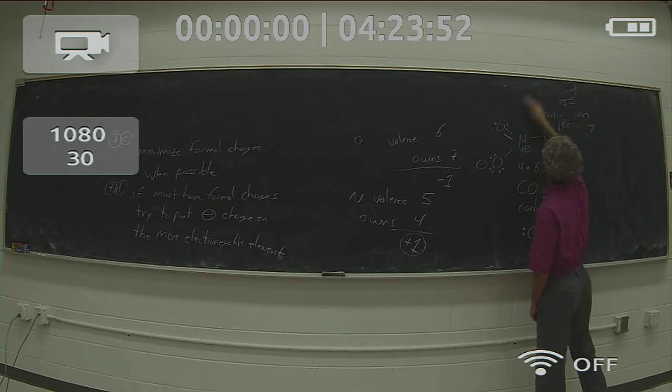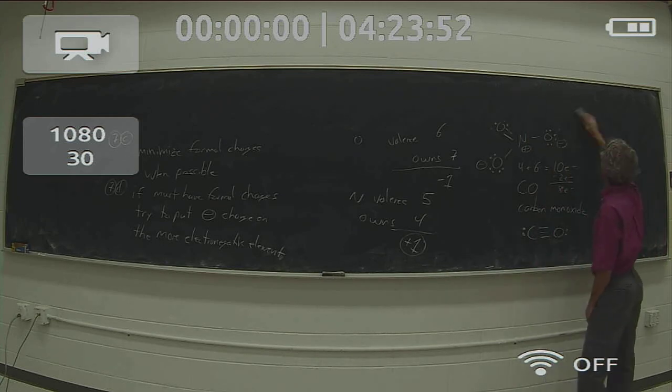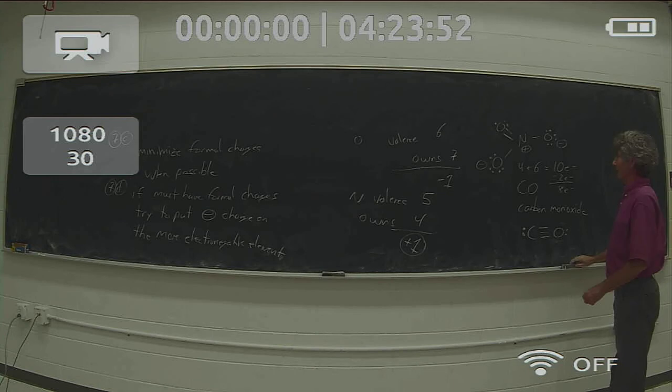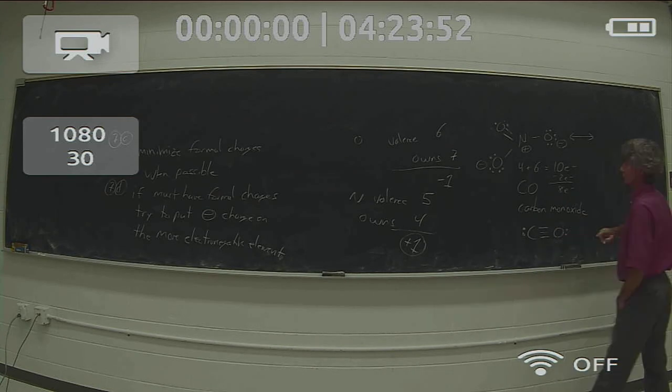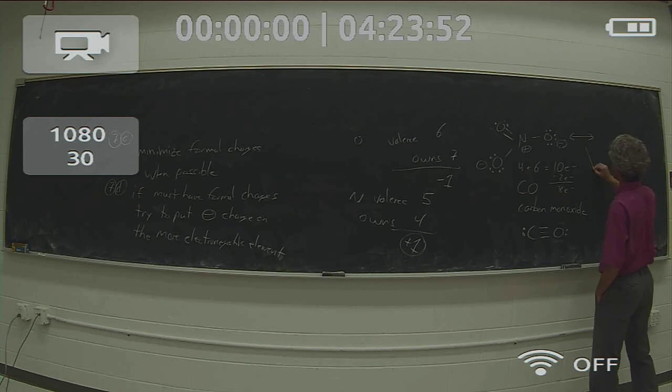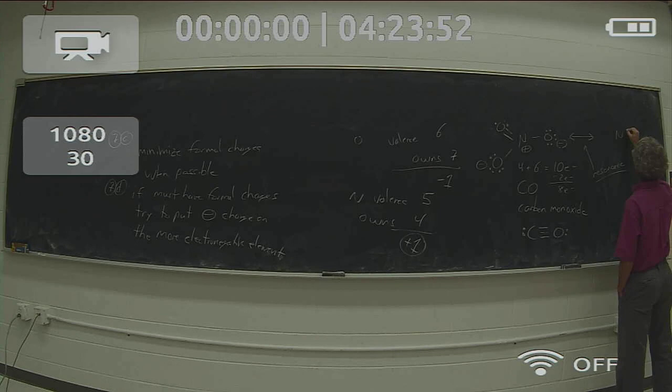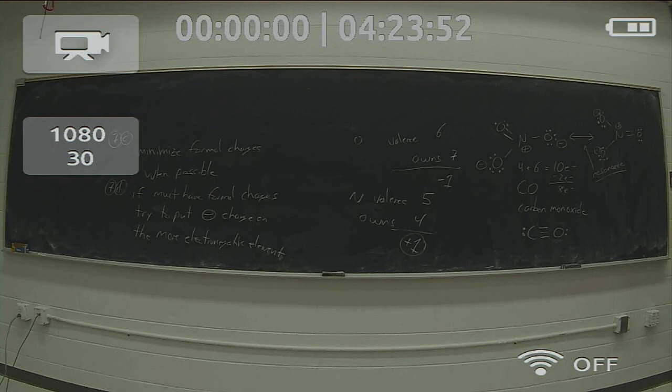Because all three of those oxygens are identical, those are referred to as resonance structures. And for resonance structures, we show the double-headed arrow. And we can put the double bond to either of the other two oxygens and come up with equivalent Lewis structures.